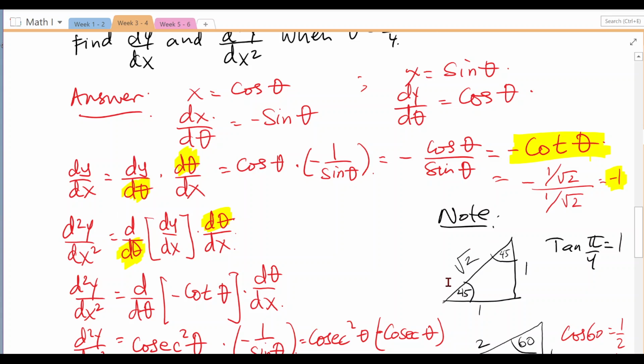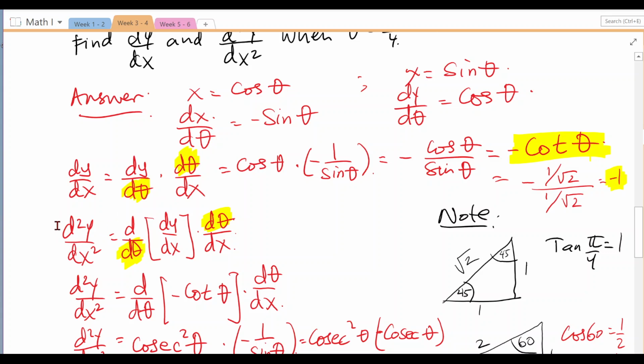Therefore tan theta will be 1 over 1, and cotangent theta is simply the opposite, the same thing, so with the negative sign we get negative 1. That's our first derivative, the value at theta equals pi over 4 is negative 1.